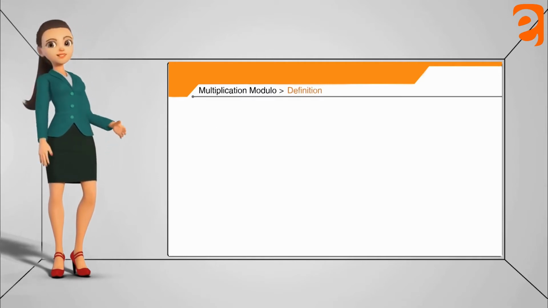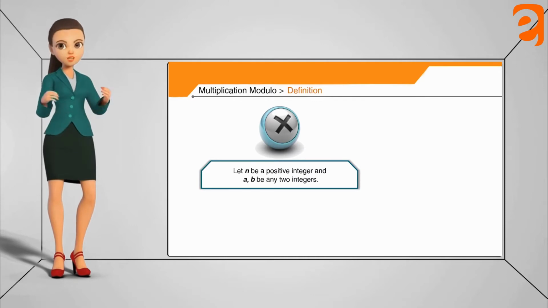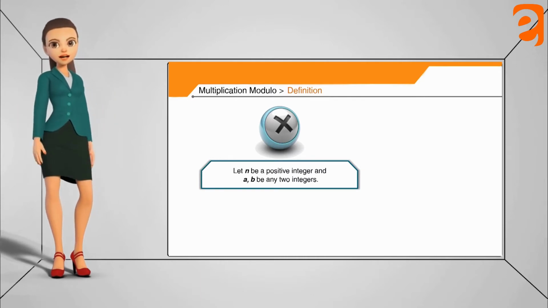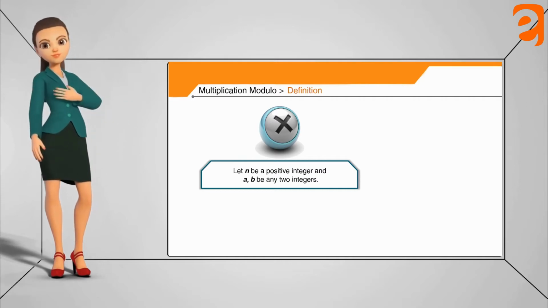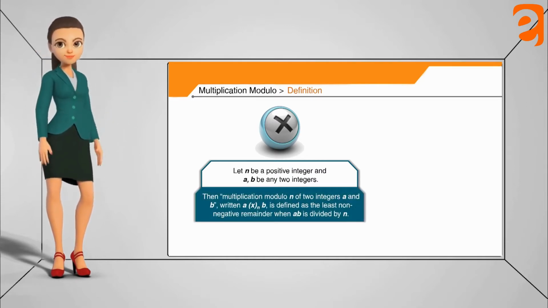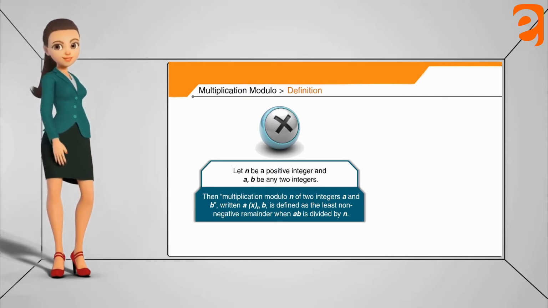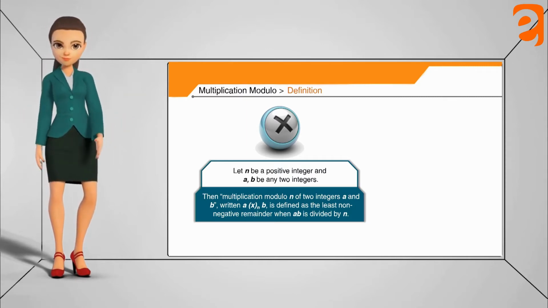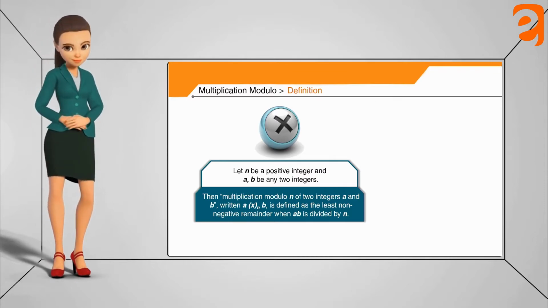So now, let's define what we mean by multiplication modulo. It says that suppose n is a positive integer and a and b are any two integers. They can be positive, they can be negative. Then multiplication modulo is the least non-negative remainder when ab is divided by n.